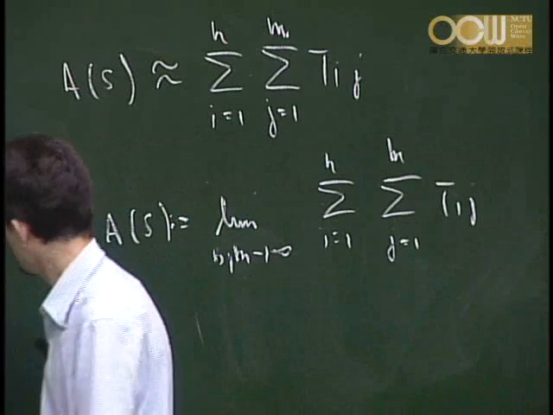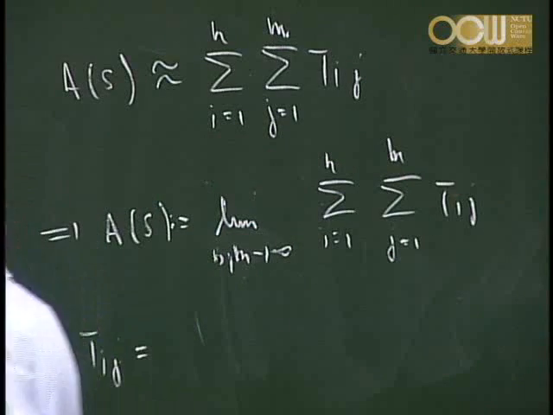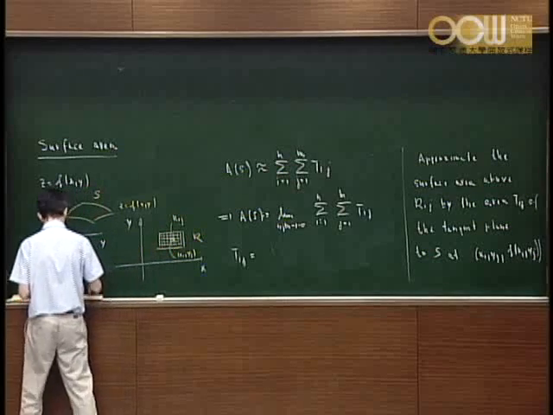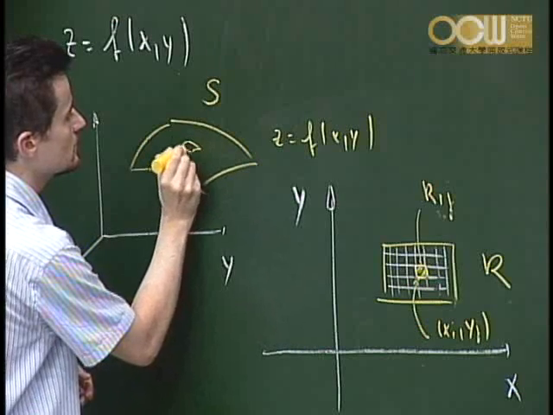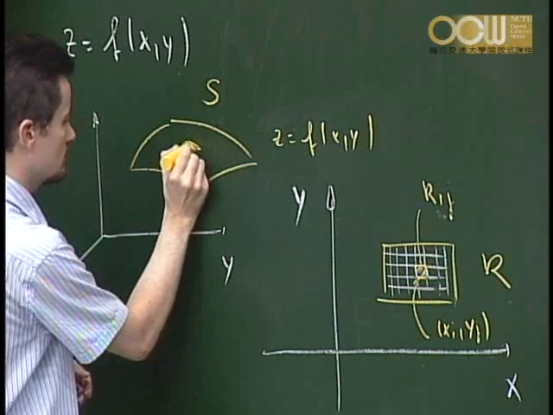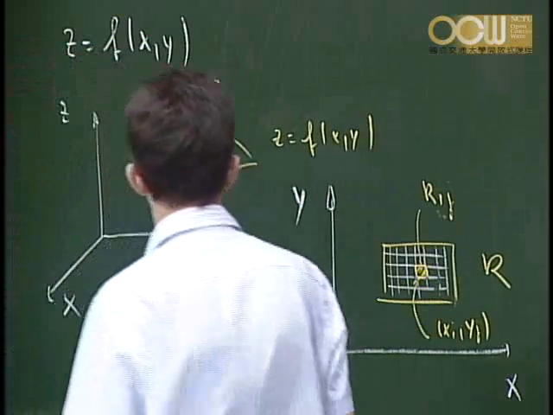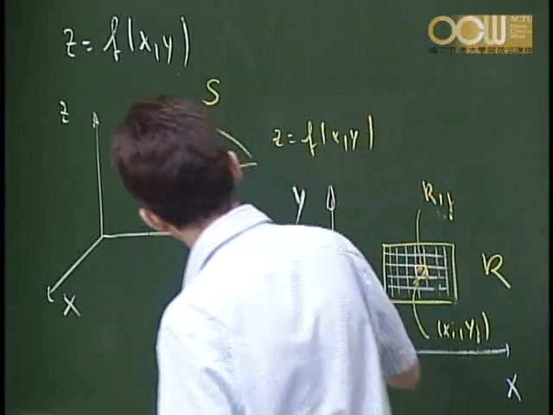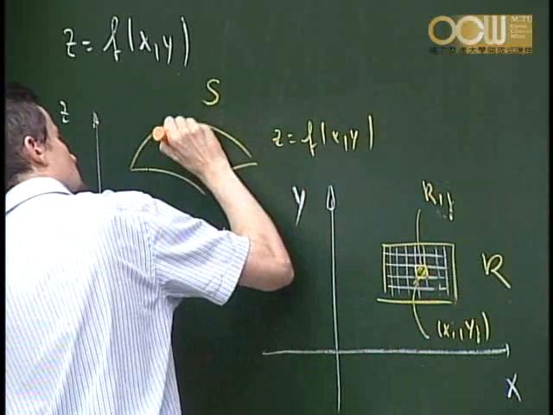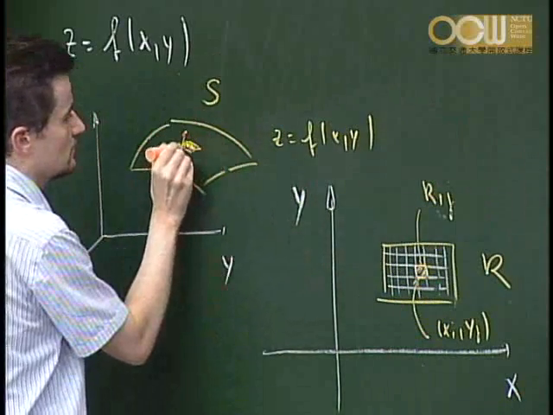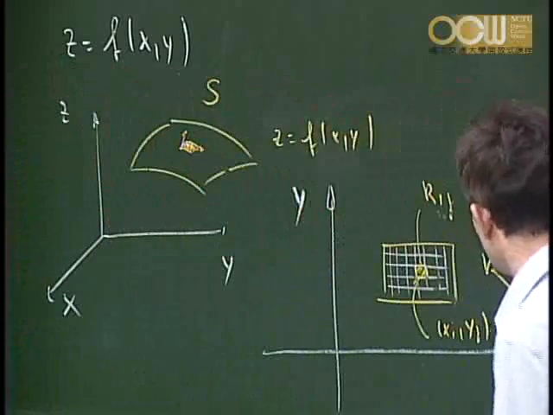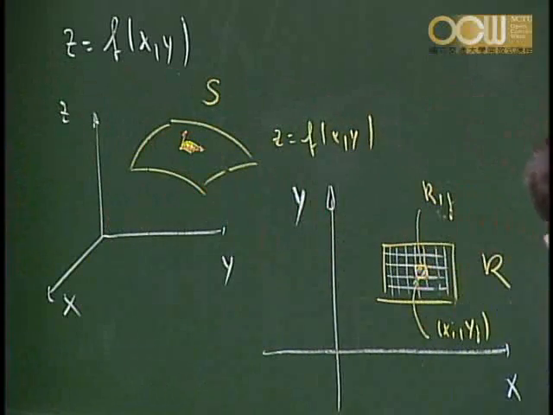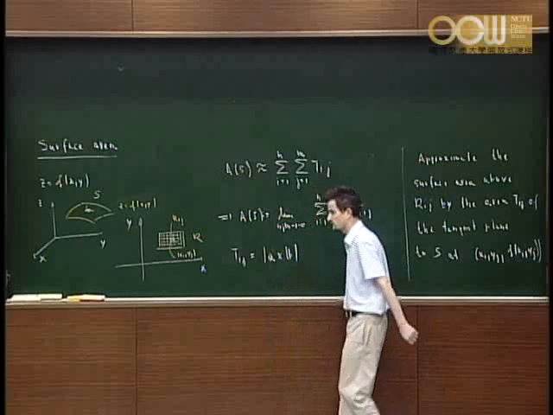You have here above this subrectangle a part of the surface. We choose two vectors which point in the direction of the sides. Call those vectors A and B, and then we just have to compute the cross product of A and B.